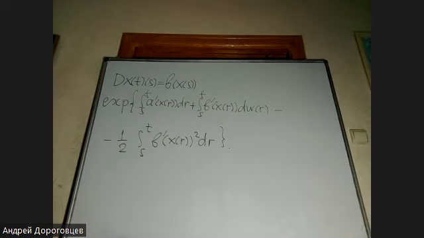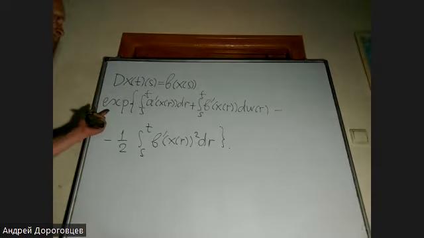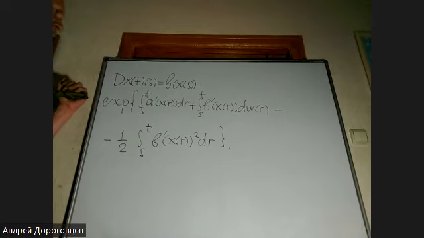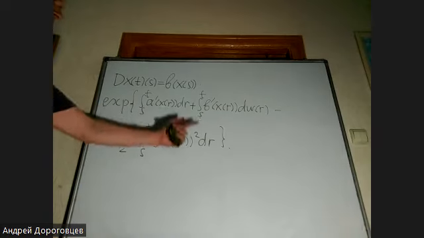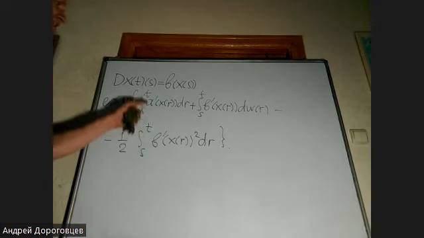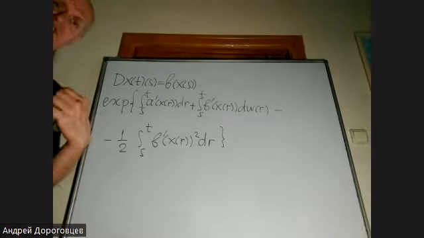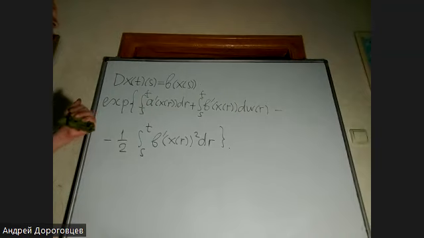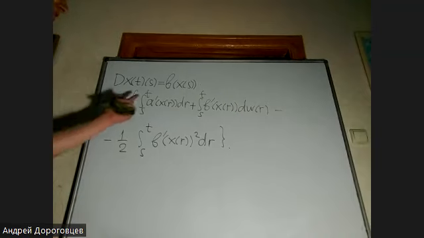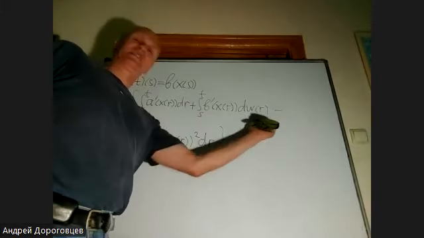And after this, let's look at what we have here. We have the exponent of the following kind. Let me recall that b prime and a prime, we suppose, are bounded. Then I can say that here we have a martingale with a bounded characteristic.